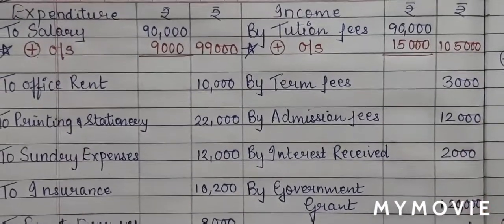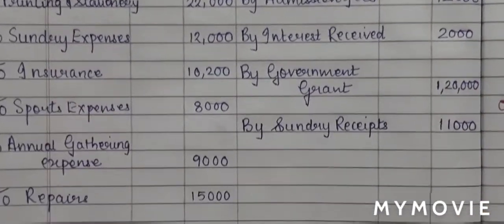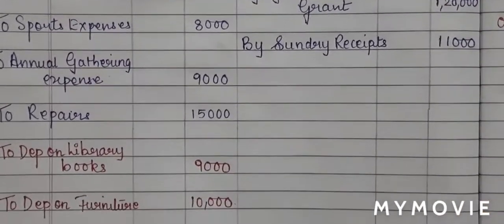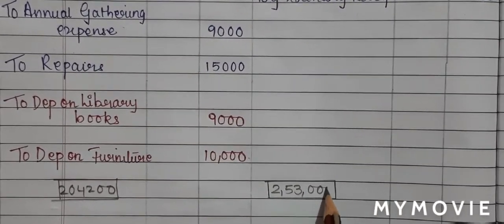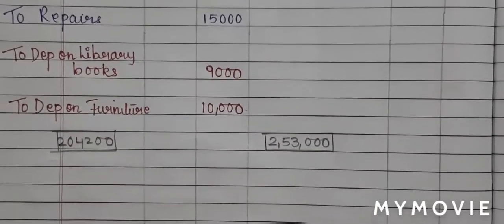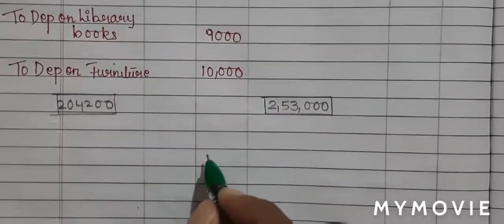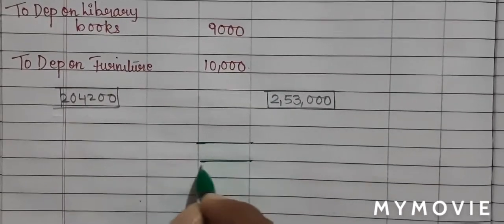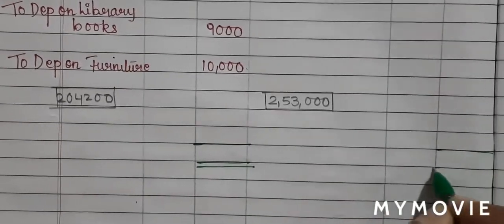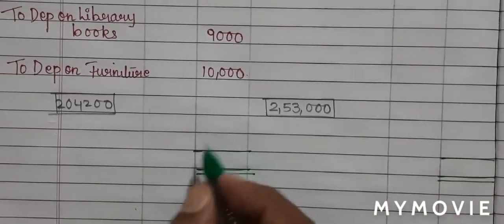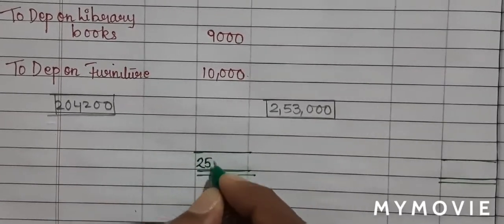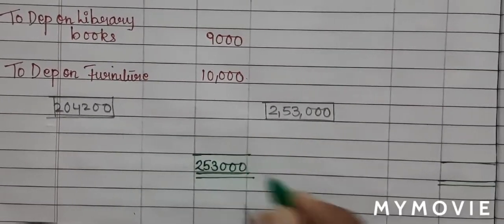When I total the income side, I get a total of 2,53,000. Now in the same manner, we will follow the ledger format. Double underline on both sides. Bigger total to be written on both sides. So I'll write 2,53,000 on both sides.